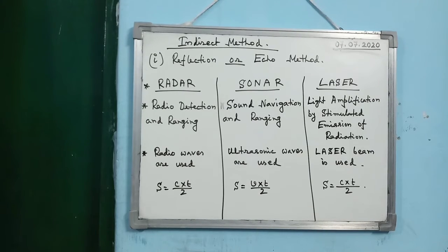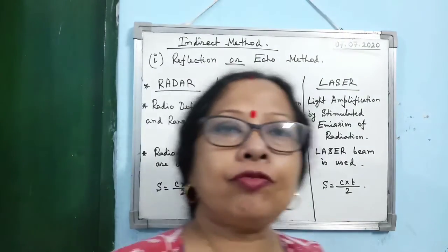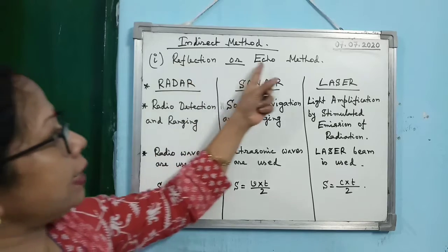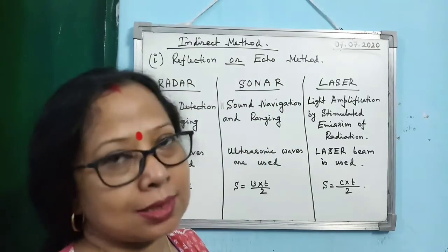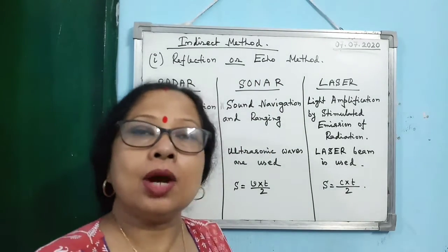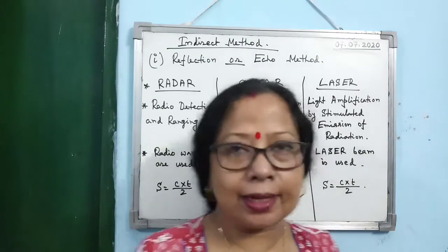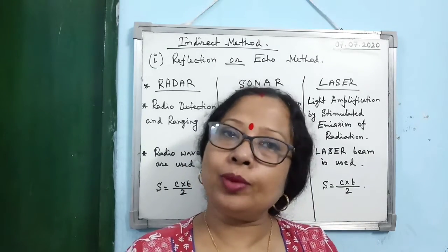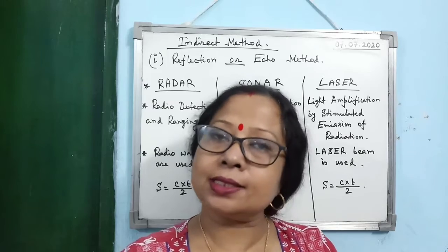So next is the indirect method. There are several indirect methods. The first method is known as the reflection or echo method, which you also studied in 10th standard. What is done? One original wave is sent, and we note down the time when it is sent.